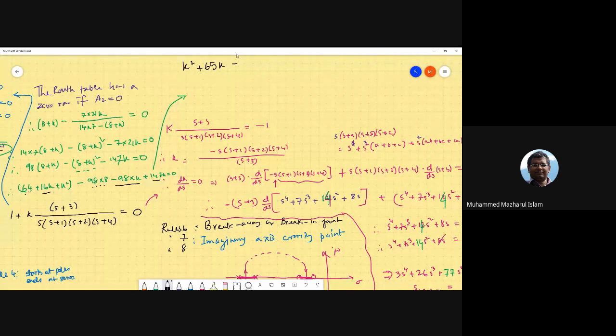Calculate and tell me what this is. Minus 720. Yes, sure sir. Okay, 720. Then can you find out the values of k? Again you can use your calculator, no problem.